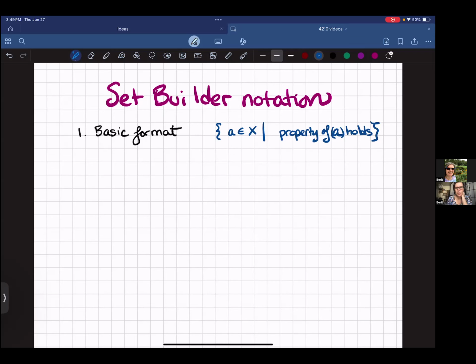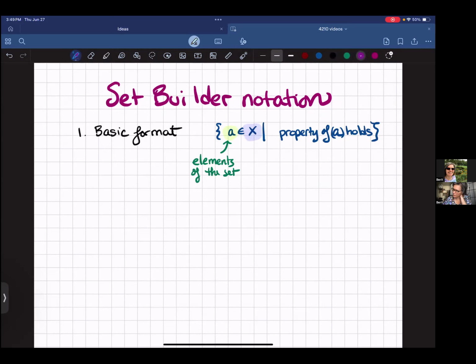Okay. And so when we write it this way, whatever's over here on the left, these are the elements of your set. And then this capital X right here, sometimes that's not always included.